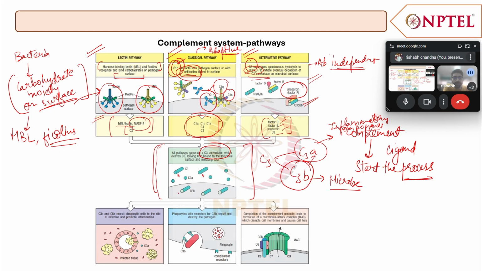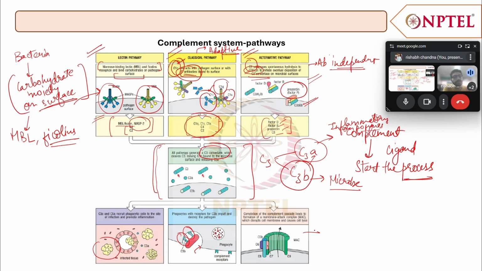Now there are three functions that take place after the complement is activated. First, there is recruitment of the phagocytic cells. Second, opsonization, because certain proteins are bound to the surface of the microbes.